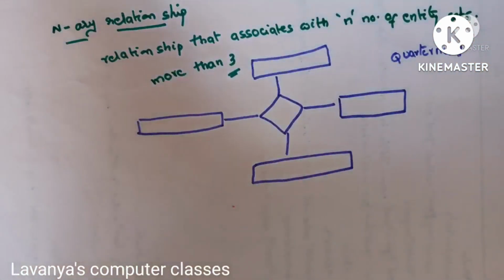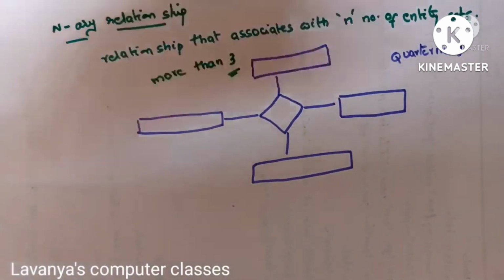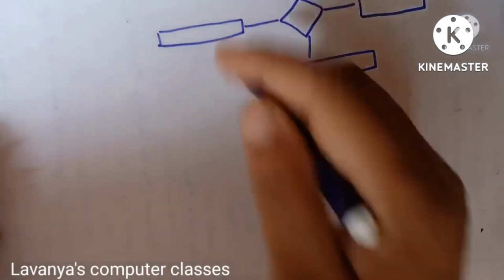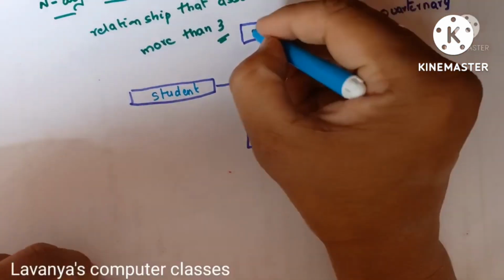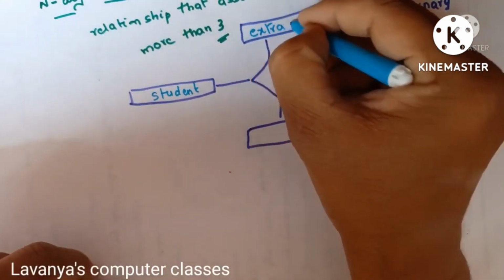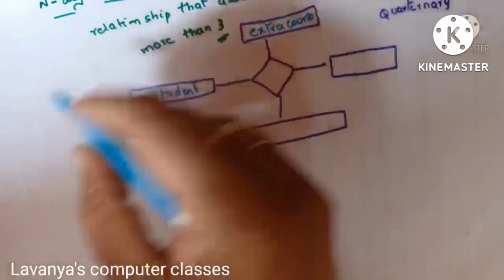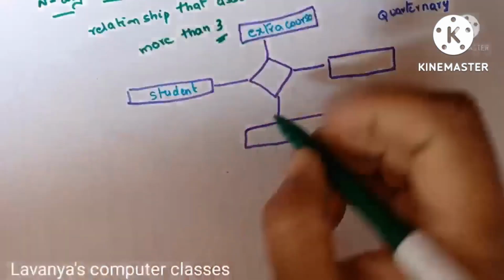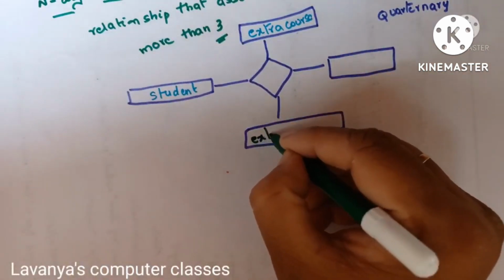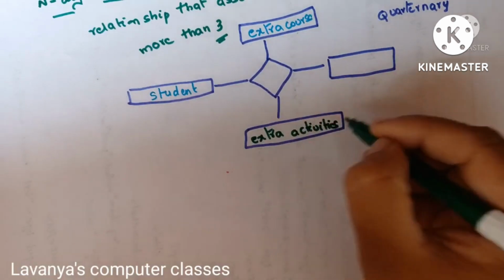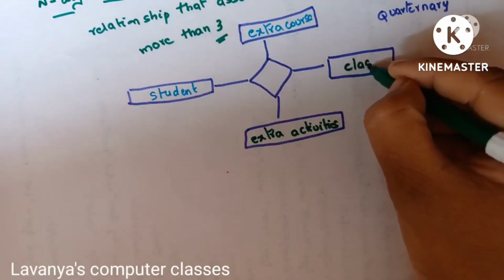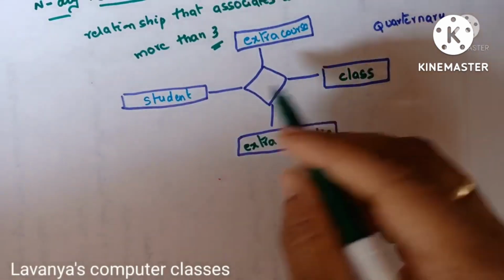Now I will give some examples. Student entity set, that means it is the information about all the students. Second entity set is, like the previous example, extra courses, where he learned some extra courses other than the class subjects, and he learned some extra activities also, like basketball, music, singing, not only studies, and his studies is regular classwork.